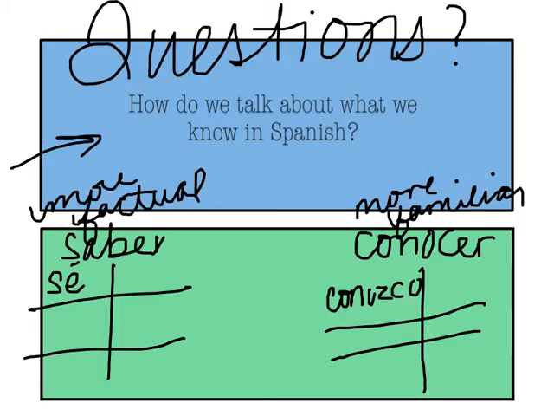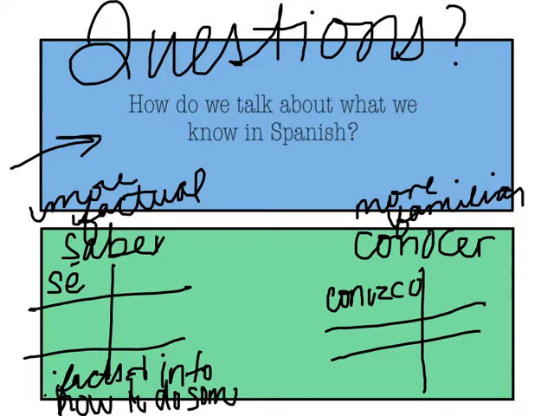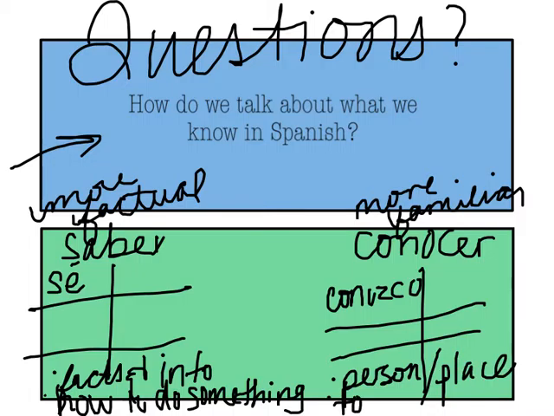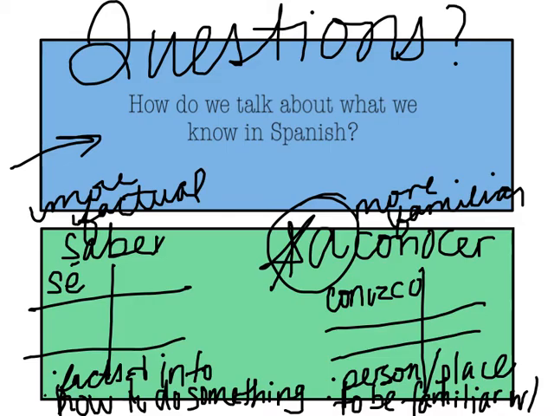You might also want to write down that saber is facts and information, or how to do something. Whereas conocer is a person or a place, and it means to be familiar with. I would also write down a star and an A next to conocer to help you remember the personal A.